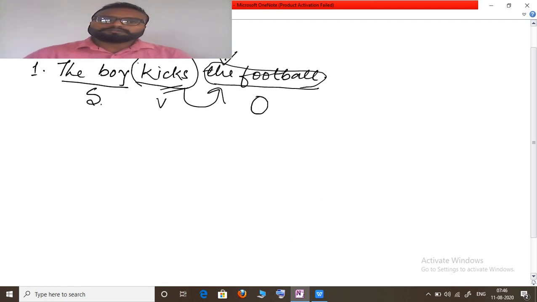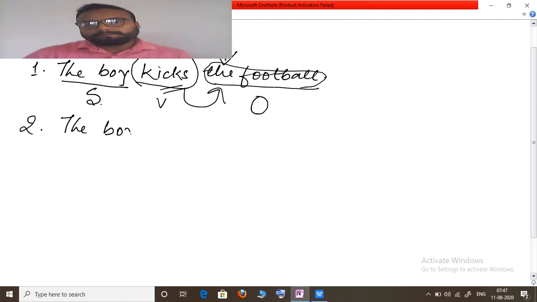It should be transferred to something else, and hence we may say that the word to which the effect of the action of the verb is being transferred is the object, and the verb whose action passes to something is a transitive verb. Let's consider another example, that is, the boy killed the bird.